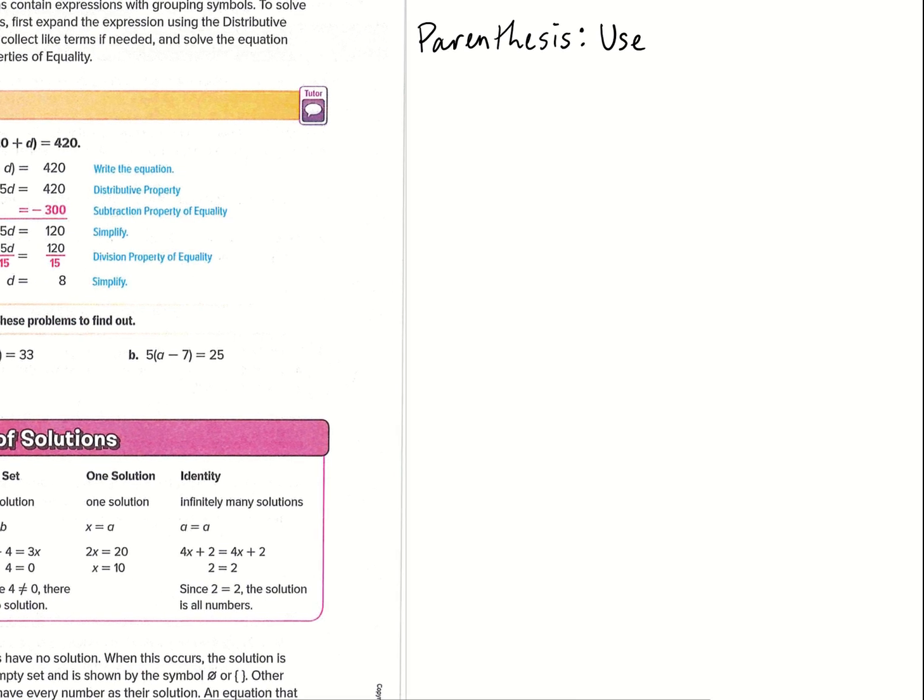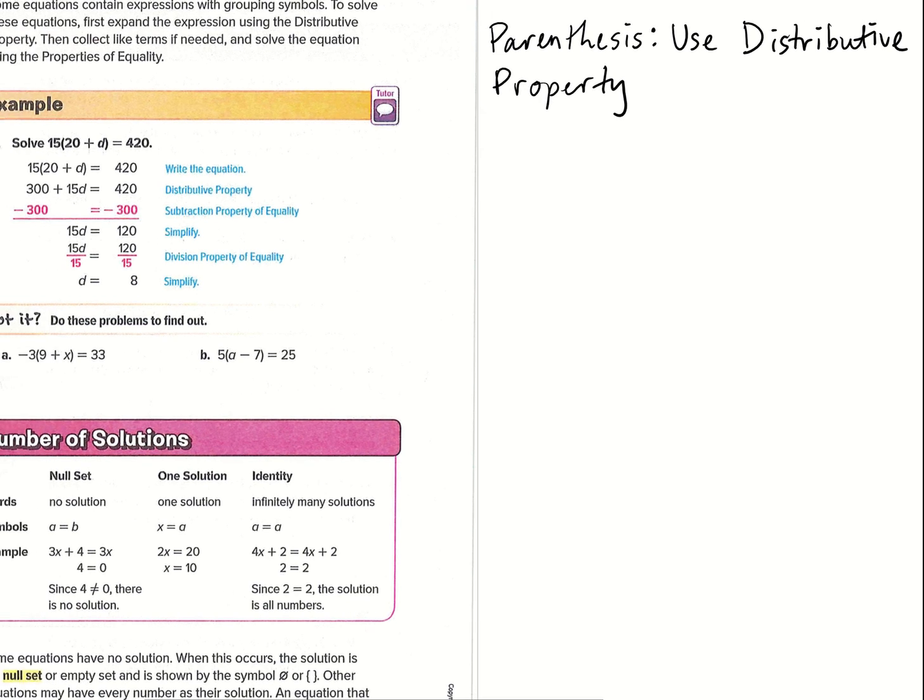I'll go ahead and put this here for you. Make sure you get this written into your notes. Use the distributive property when you have parentheses. Okay, so we'll go ahead and look at the example.